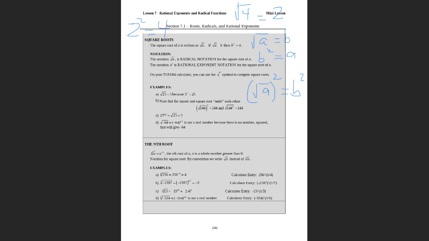So our a is 4, our b is 2. So if I square both sides, b squared from here gives me a, right? B squared from there gives me a.